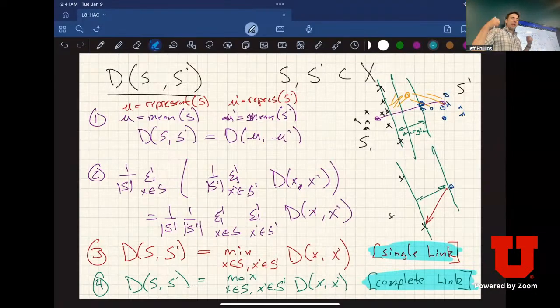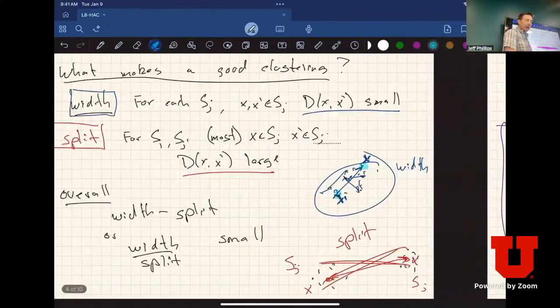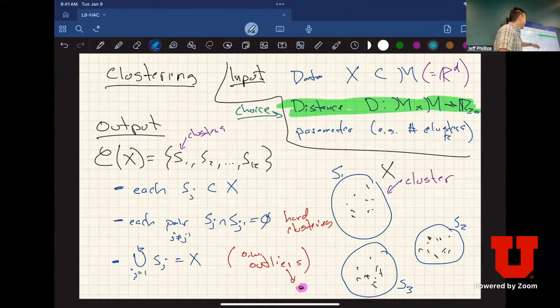In the clustering setting, my input was the data set, the distance, and maybe a parameter. It did not include labels. So the clusters do give us something like, this one's in cluster 1, label 1, this is label 2, this is label 3. Maybe I don't know what those labels are, but I can say these are all similar to each other, so I can interpret them as probably having the same label. And then I can go in and look deeper at these. So this would be one of the uses of clustering.